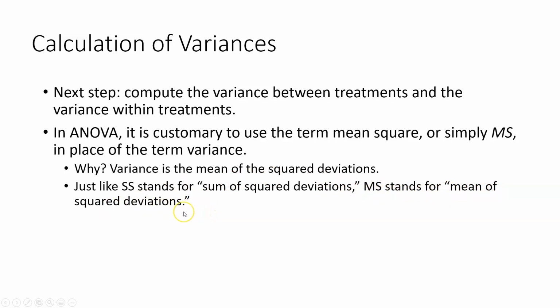So I know that I've drilled and drilled into you that SS over DF is variance, but now I'm going to tell you SS over DF is mean squares. It's the same thing. Mean squares means variance. We're just going to call variance mean squares instead of variance for the length of this module.